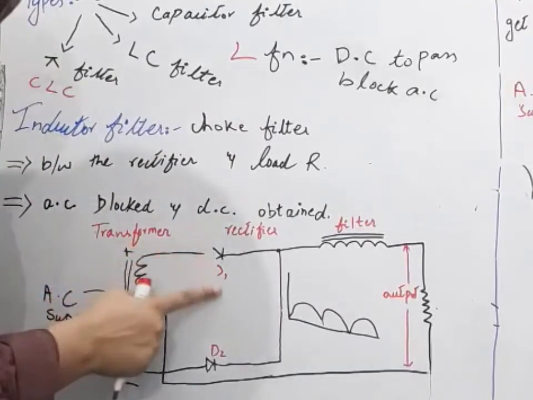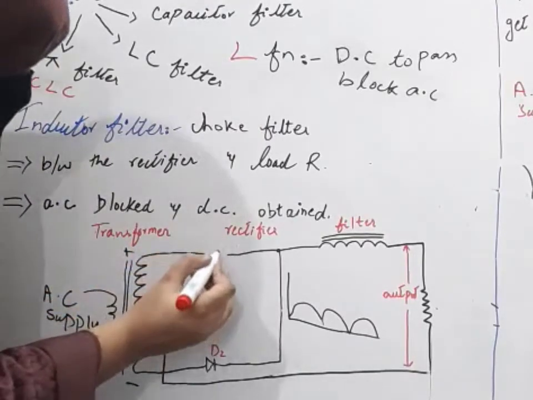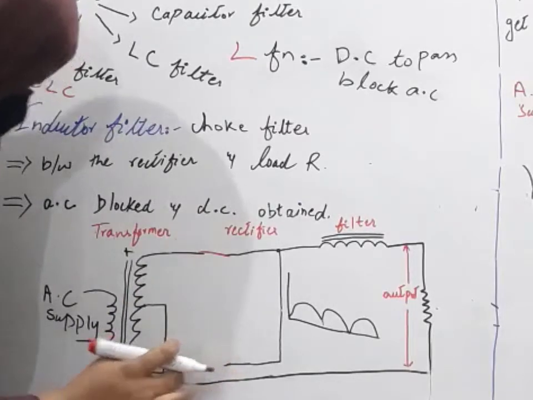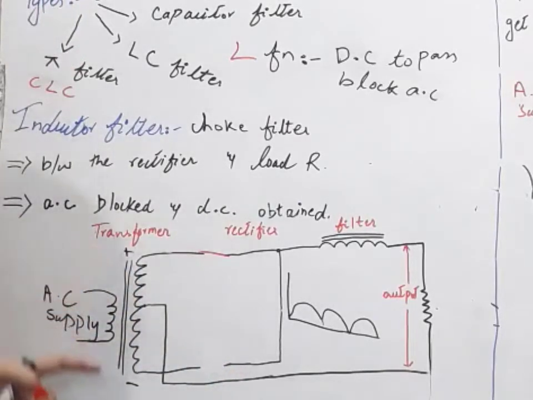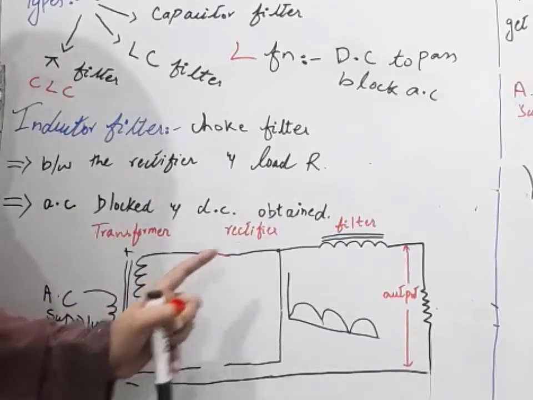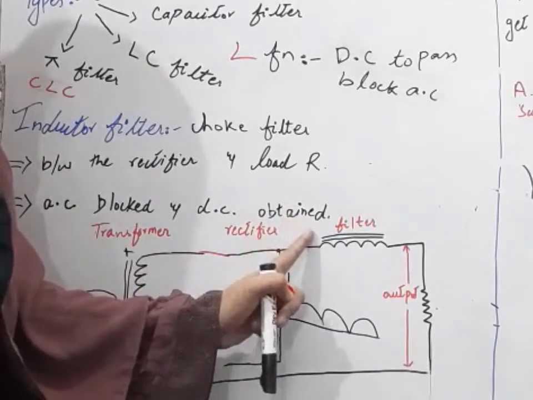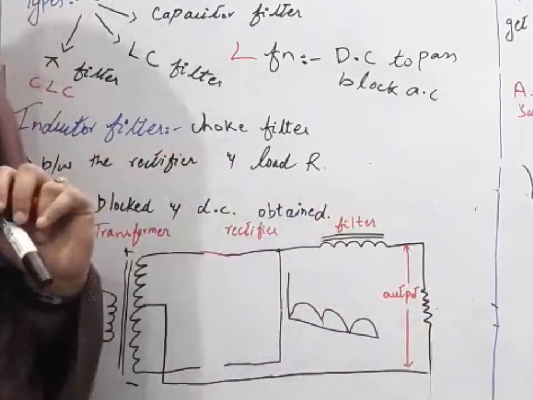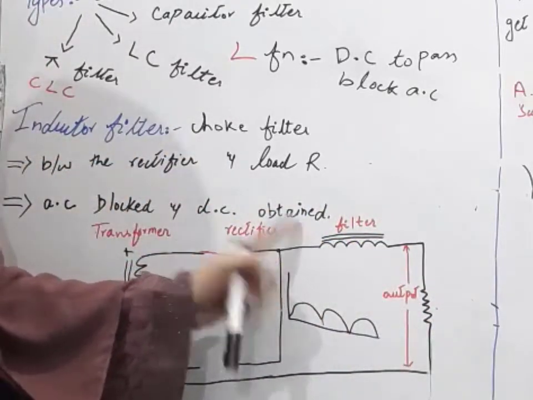It will act as a closed circuit and it will act as an open circuit when here is positive, when here is negative, and all of the DC will be allowed to pass from this filter, and we will get output in the form of DC, and AC will be blocked here.